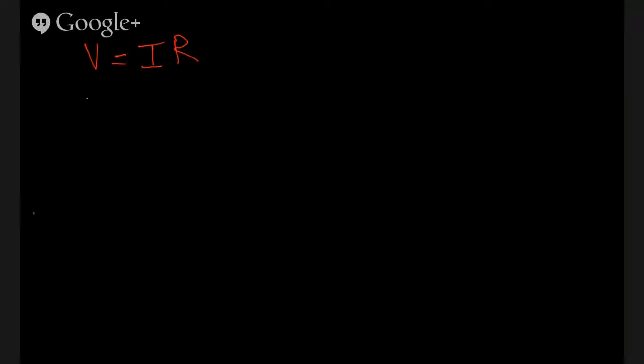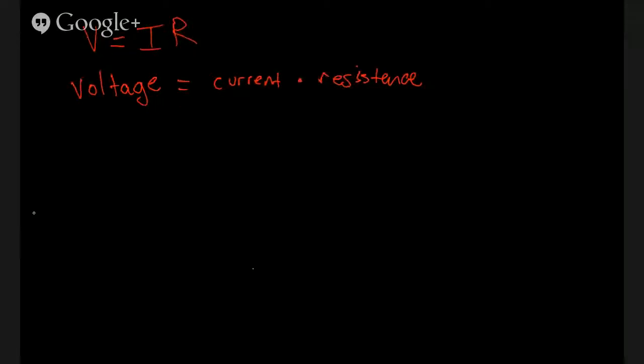Just know that voltage is, I'll go ahead and write this. Voltage is current times resistance. And that's all we need to start with.